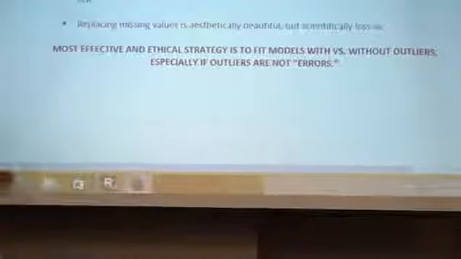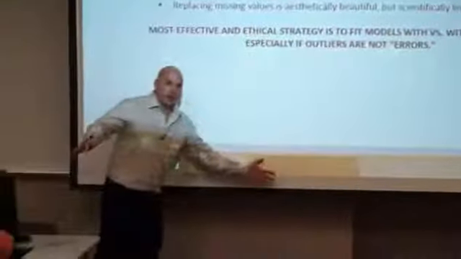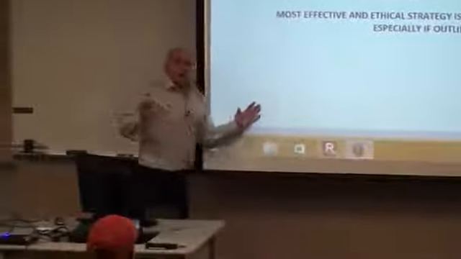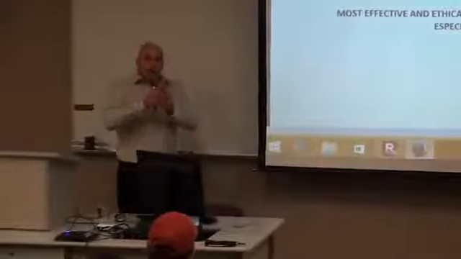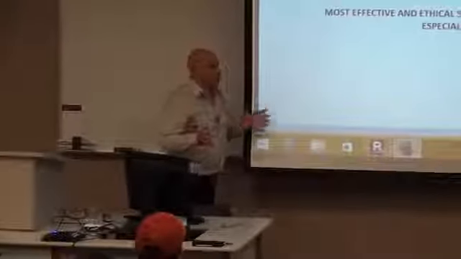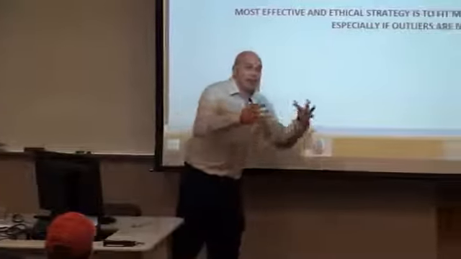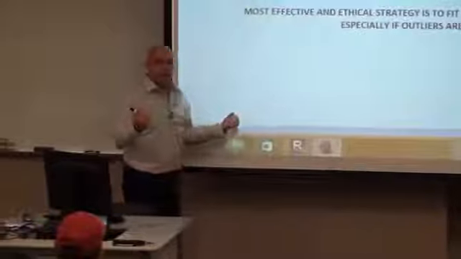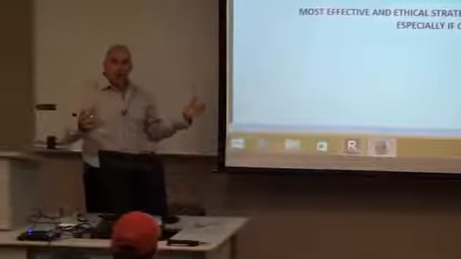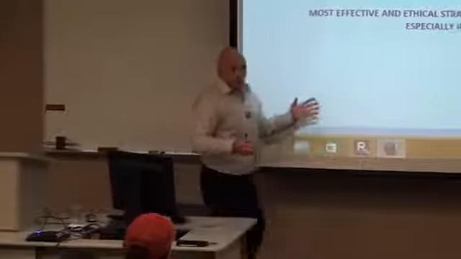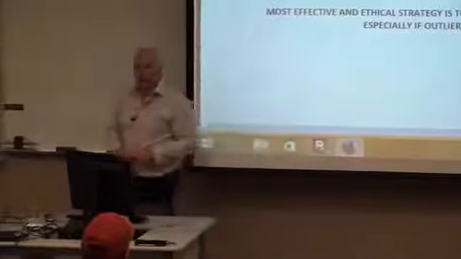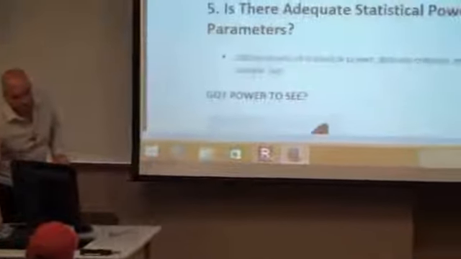I always tell students if the outlier is an obvious error, get rid of it. But if it's reasonable to say that outlier was sampled from your population, then you have to incorporate it somehow. I think the best approach is to test your models with and then without the outliers.